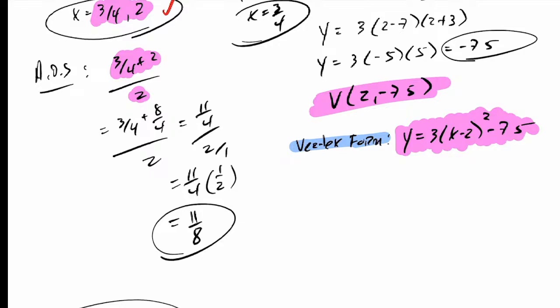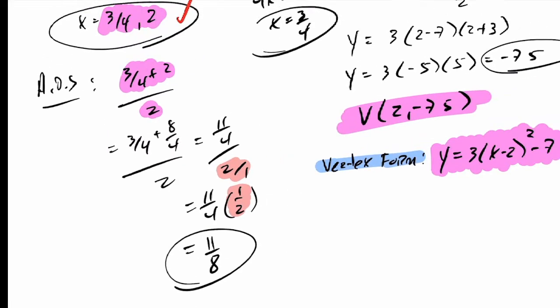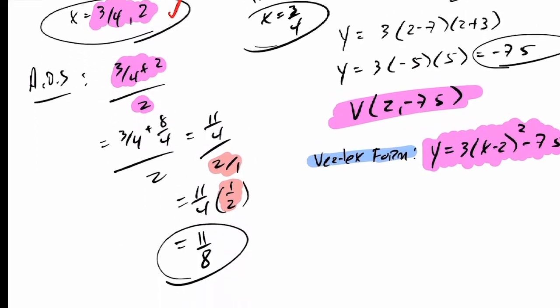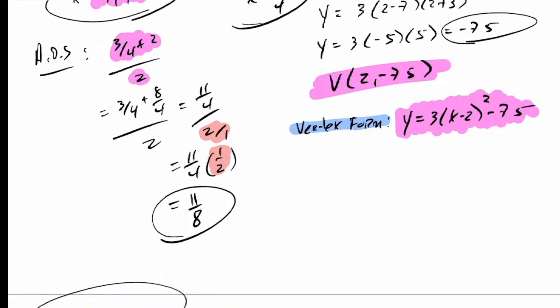Because when you, Gurman, with this one here, I have a fraction divided by a fraction. You can change the division symbol to multiplication, but you have to flip this fraction. So 2 over 1 becomes 1 over 2. That's how I got the 11 over 8. Yeah, for sure, Diva. As long as it wasn't just a coincidence.